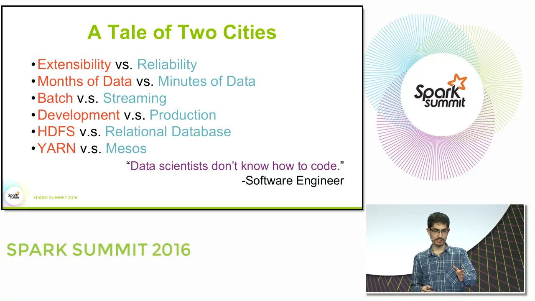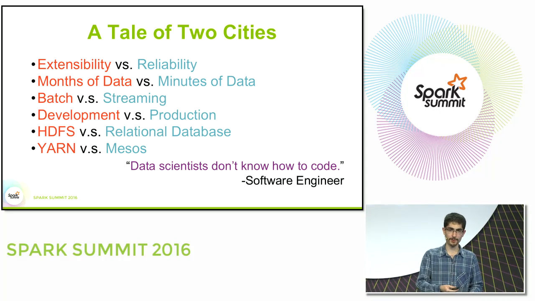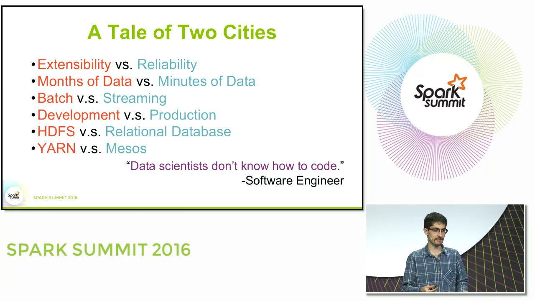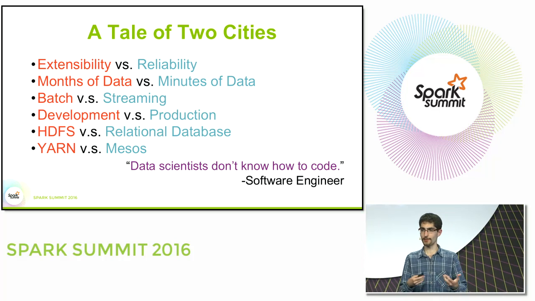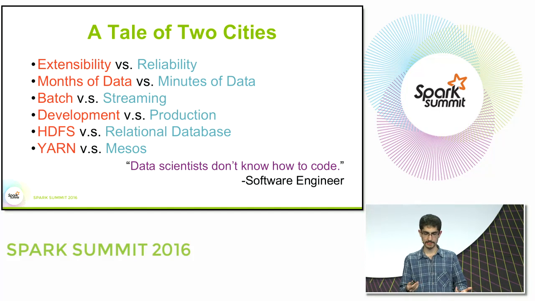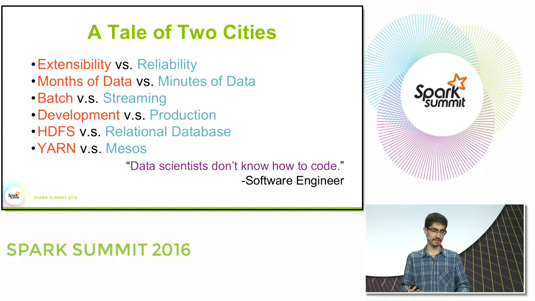So again, I want to just explain the difference between interactive users and services. Interactive users care about features, they care about large time ranges, they care about batch, they care about using these high latency systems. That's okay for them as long as they get the data they need.